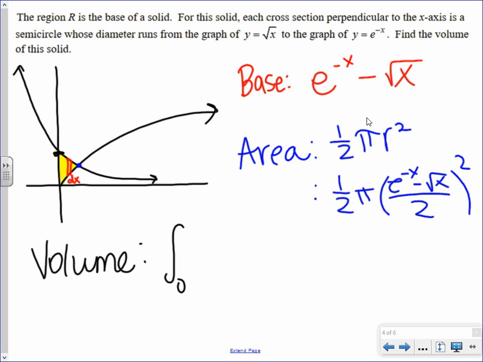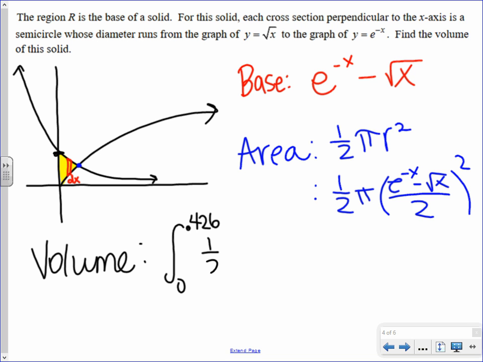Connor, do you have it? I got 0.426. Connor got 0.426. Do we agree? Yep. Okay, so there's our limits of integration.